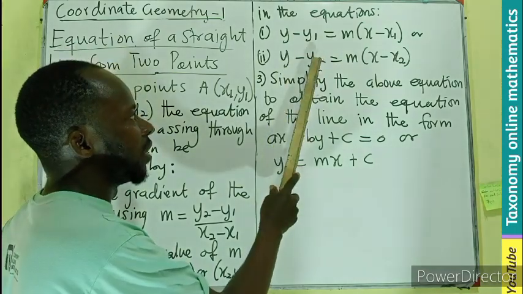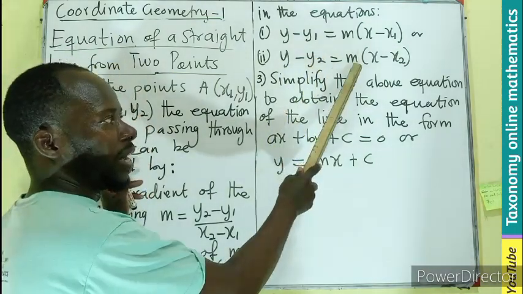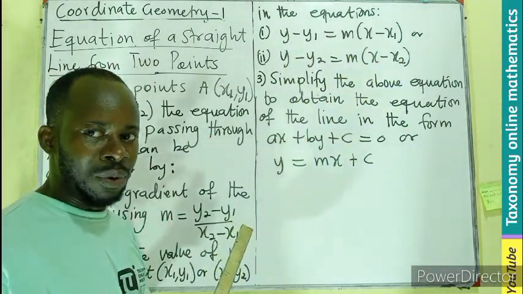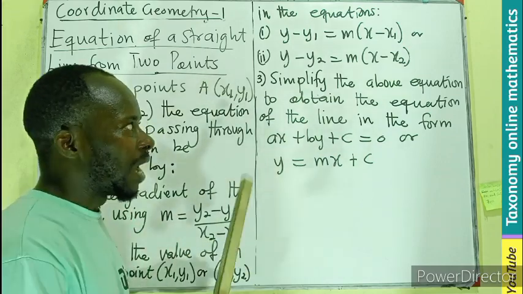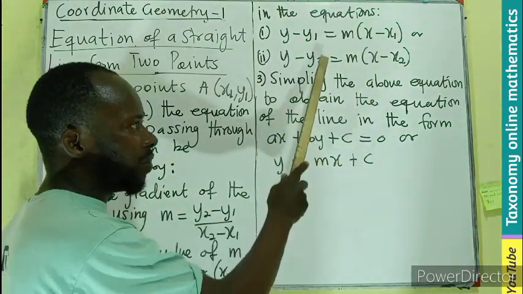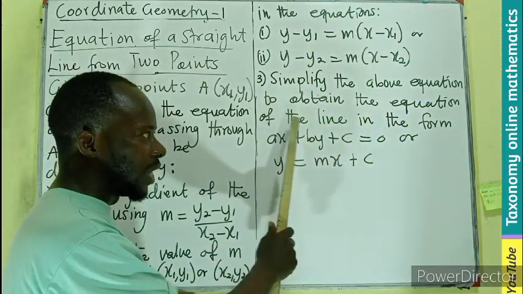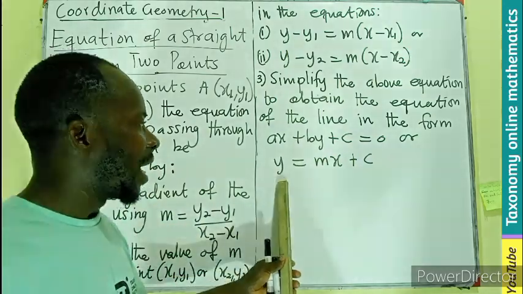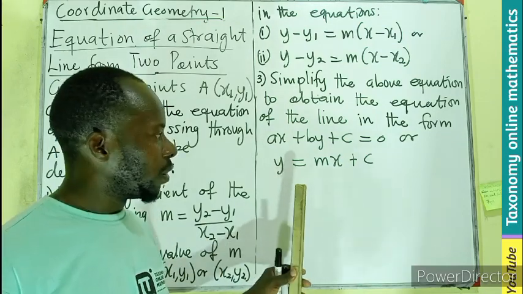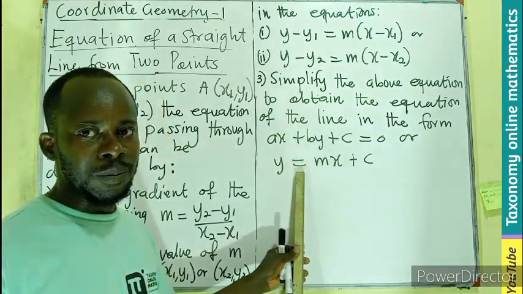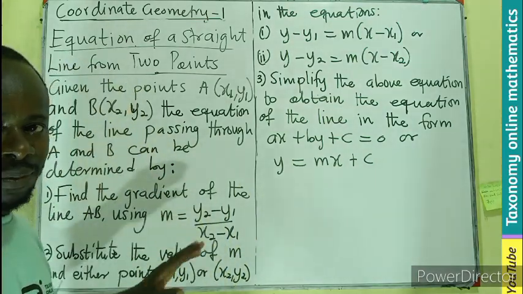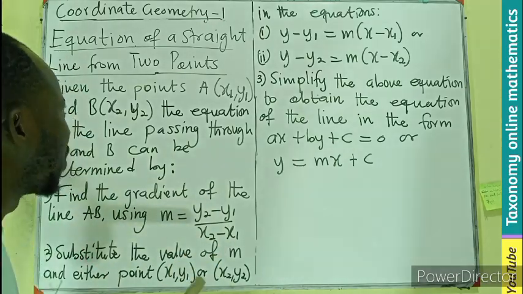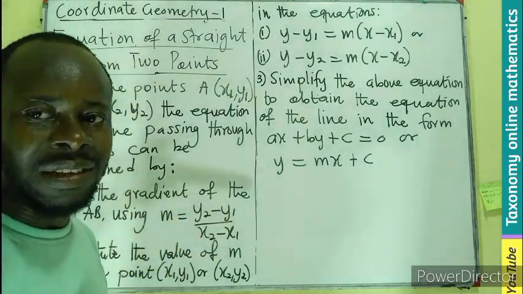Then, after you substitute the gradient and the point values, both x and y will remain in the equation because they are the coordinates in the plane. After doing that, you simplify the equation to obtain the equation of the line in either the general form or the slope-intercept form. So you can leave it in this form or in this form. These are the three steps that we are going to follow in order to find the equation of a straight line when 2 points on the line are given.